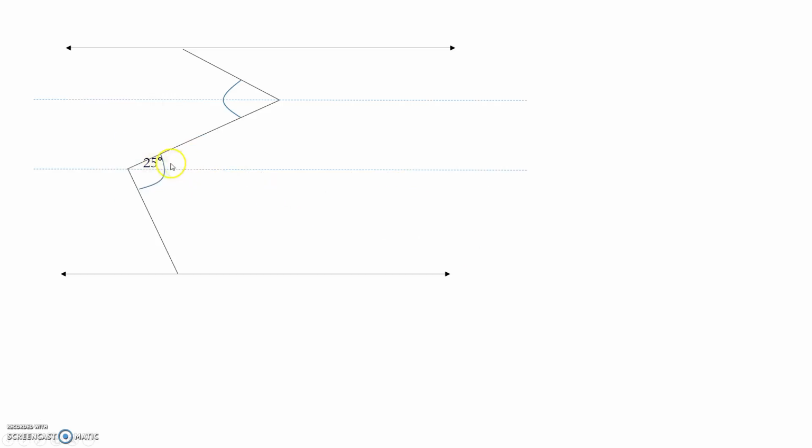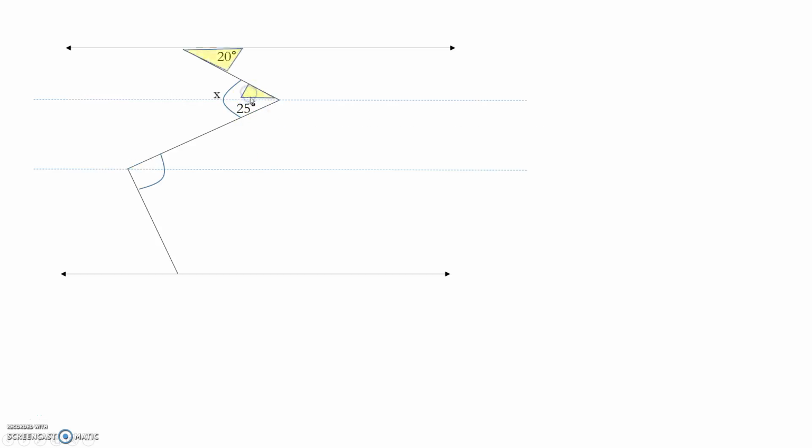Working my way up, I have 25 and this angle. These angles are alternate interior angles on opposite sides of my middle transversal. That means they're congruent. They're equal. If this is 25, which we calculated, this is 25. Now I know this big angle is x and this is 25.